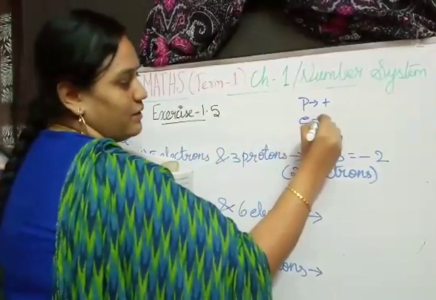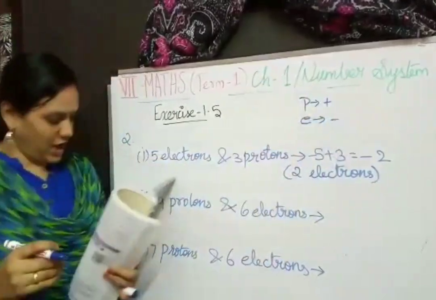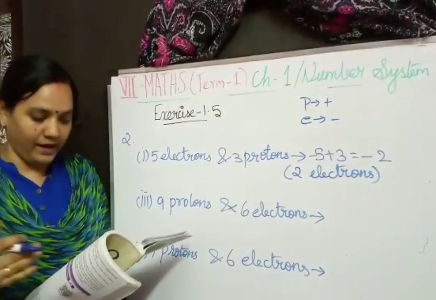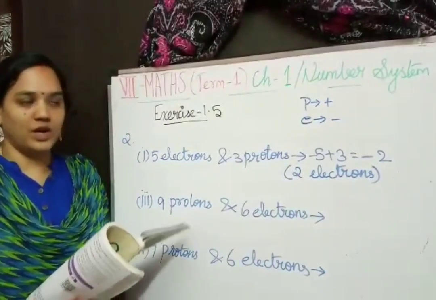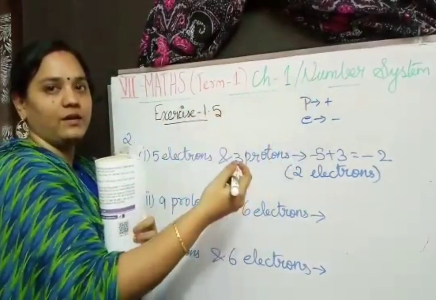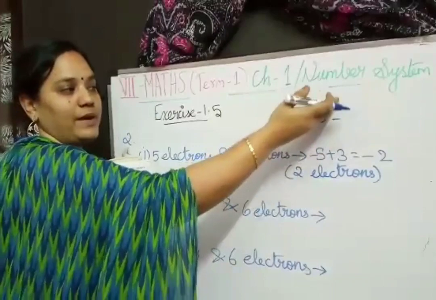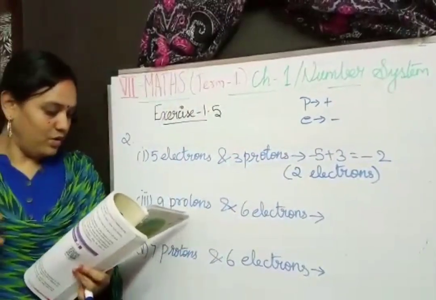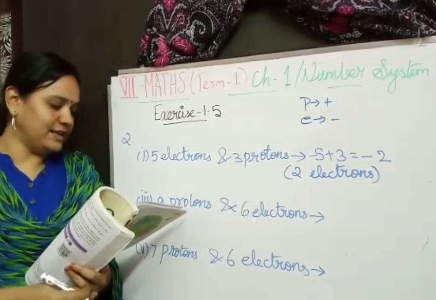Electron means we have to write negative charge. When an electron and a proton pair up, they become neutral. If we are pairing these two, they will become neutral. Neutral means no sign. When we pair these two, plus and minus become neutral. So they cancel the charge out.